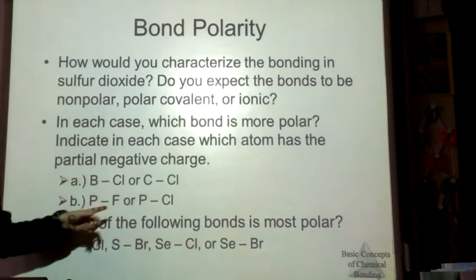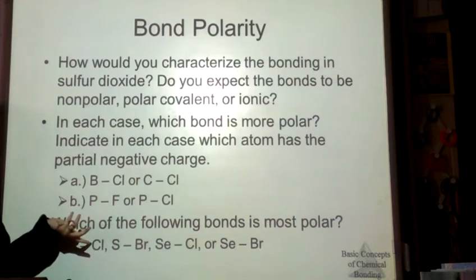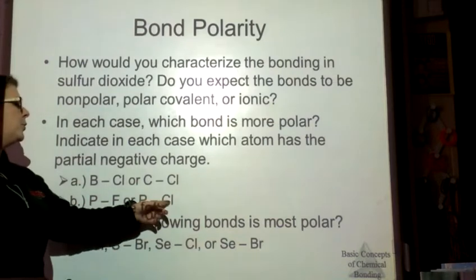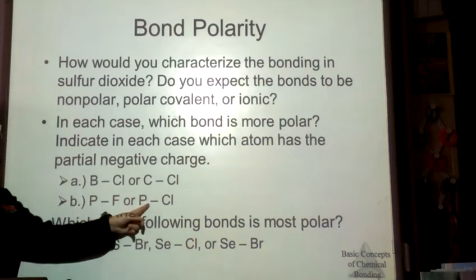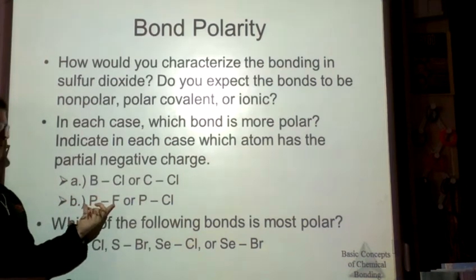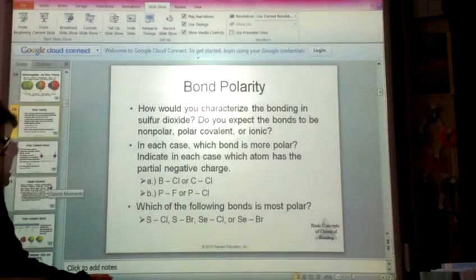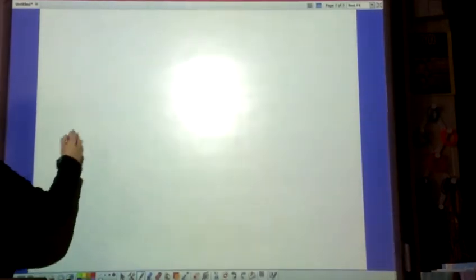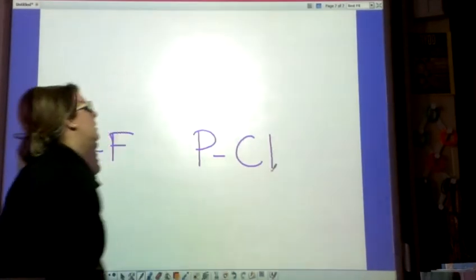I have a phosphorus and fluorine bond versus a phosphorus and chlorine bond. Fluorine is the most electronegative element, and chlorine is just right underneath it. Since I'm pairing with the same first element, let's actually look at their electronegativities. So PF versus PCl.